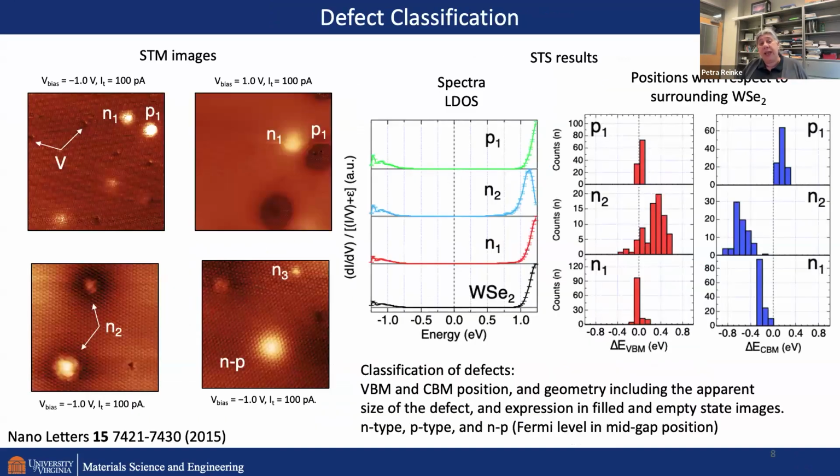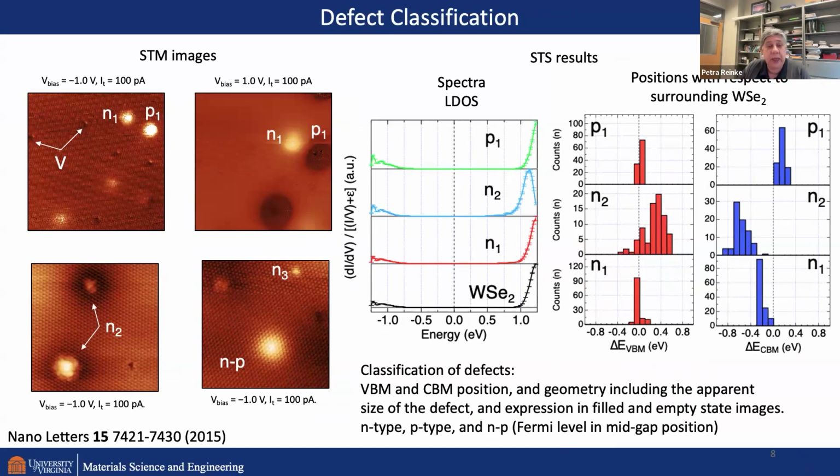And if you go to the next one, what we did next is we looked at smaller areas, just a few nanometer square images, and we started to classify our defects. So we have a whole zoo of different defects. We classified them by two things. One is their geometry.